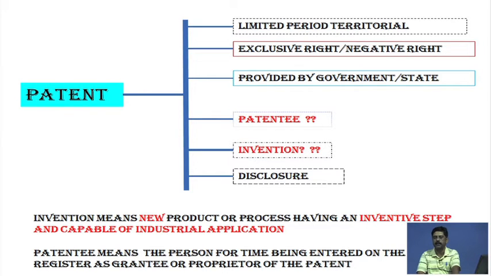Similarly, the patent office keeps a register of patents. The register of patents gives the name of the proprietor against whom that patent has been registered. So, that will give the proof of who is the owner of that patent.